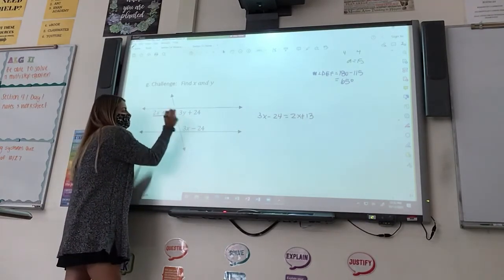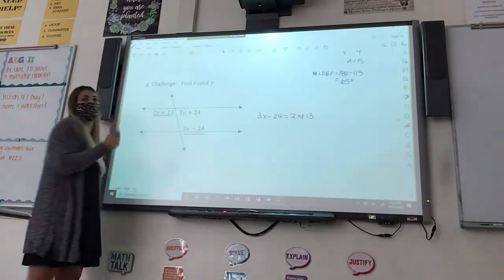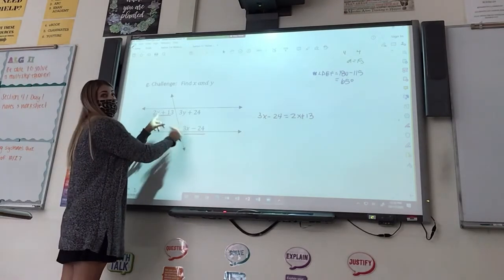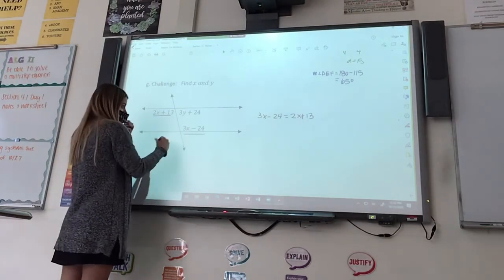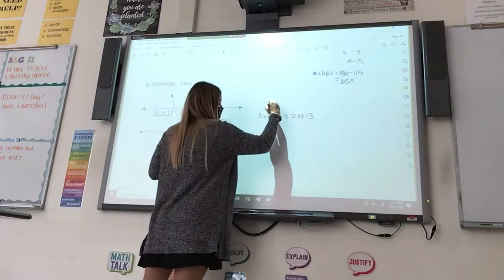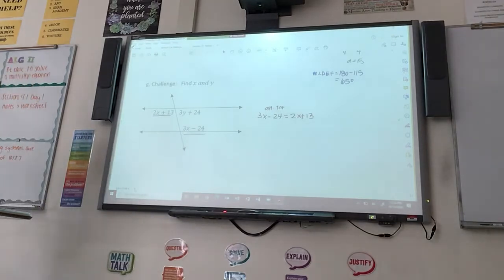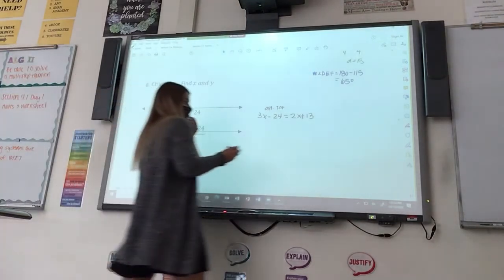So it's easier to look at the two angles that have the same variable, so you can solve for one of the variables. Those are alternate interior angles, so we know that alternate interior angles are equal to each other. So I'm going to use this equation to solve for x.